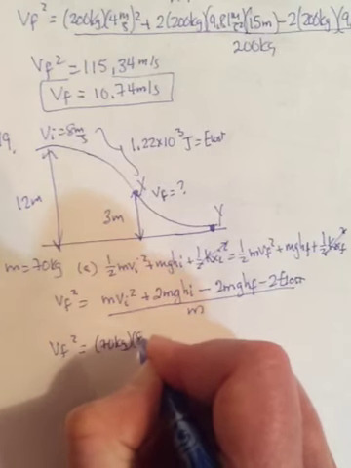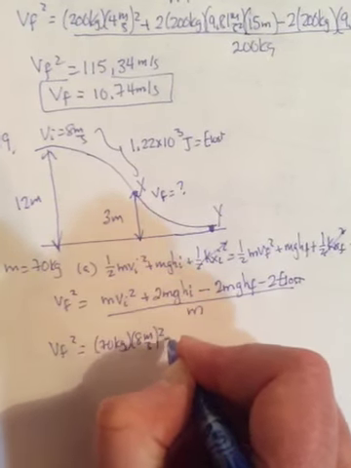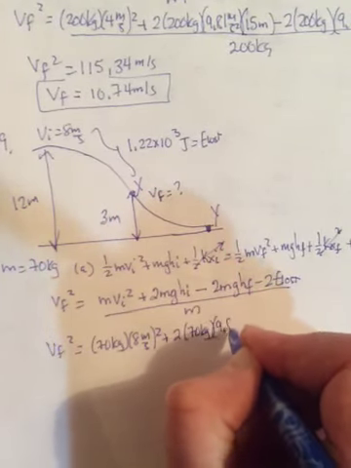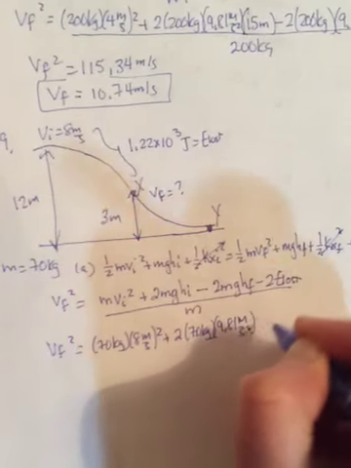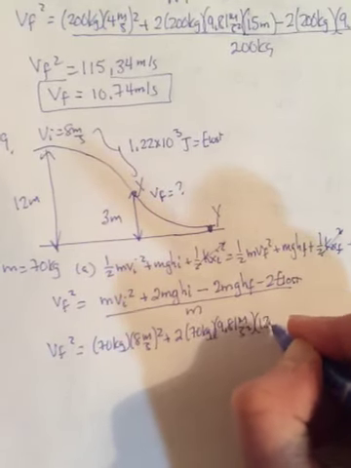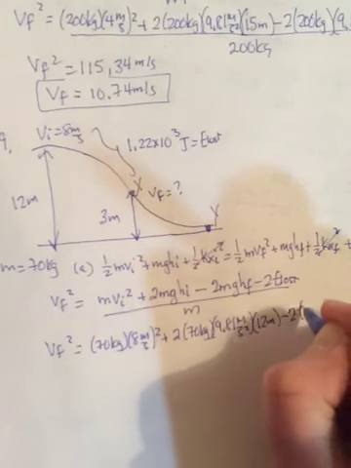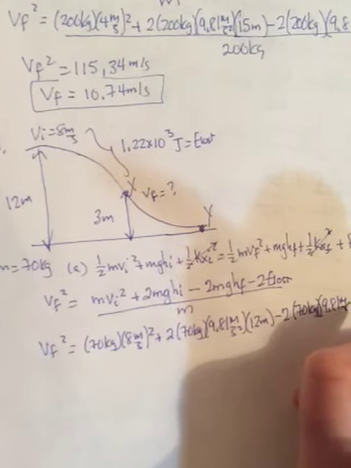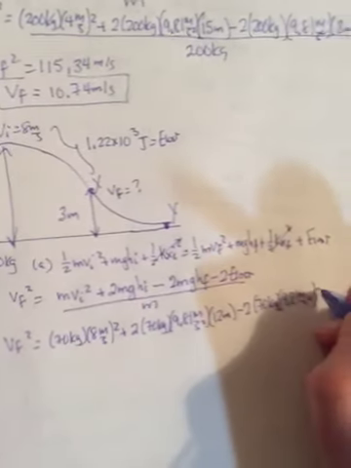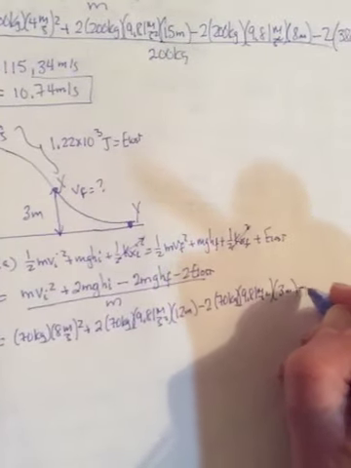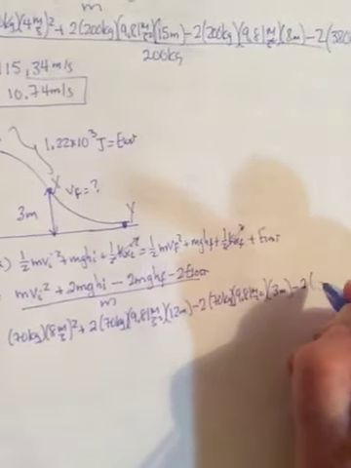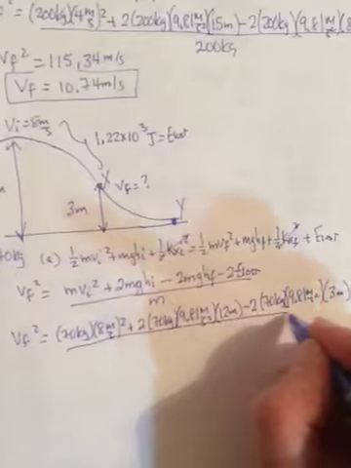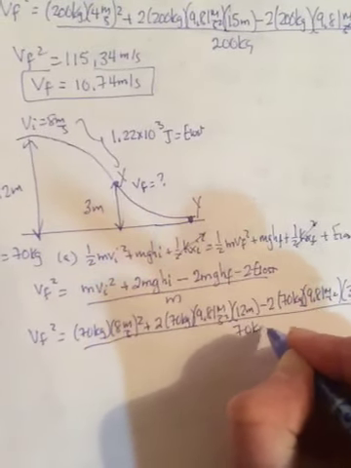The speed at the top, 8 meters per second, squared, plus 2 times 70 kilograms, 9.81 meters per second squared, and the height initially 12 meters, minus 2 times 70 kilograms, 9.81 meters per second squared, times the height 3 meters, minus 2 times E lost, so 1,220, because it took up less space than the scientific notation, divided by 70 kilograms.